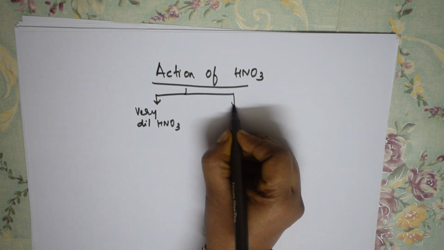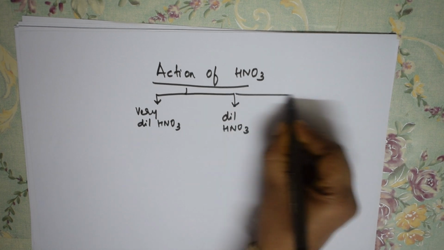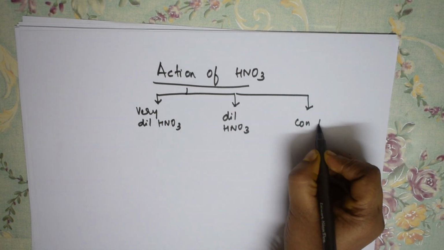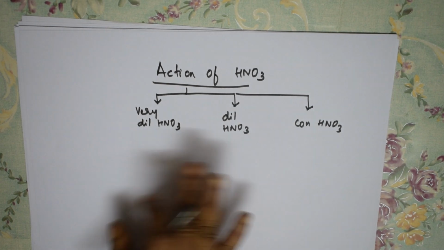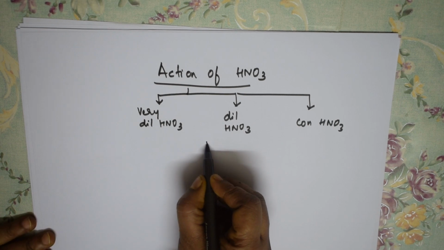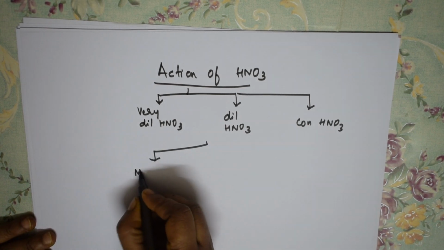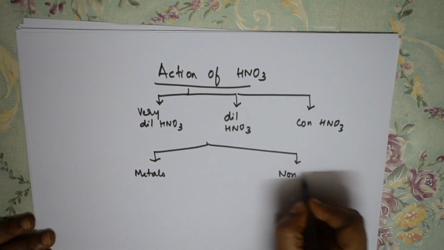How is the reaction with dilute HNO3? How is the reaction with concentrated HNO3? This is the concept. Correct? Right. Now, in this also, we are going to take both metals combination for all the 3, and we are going to take also non-metals.